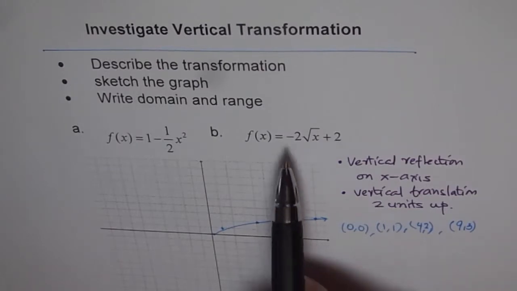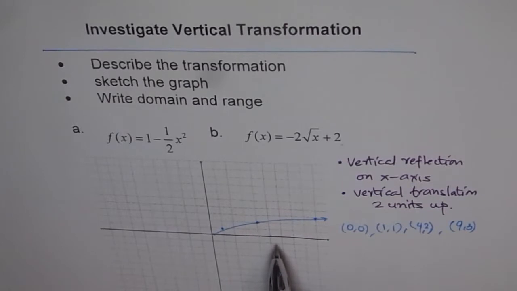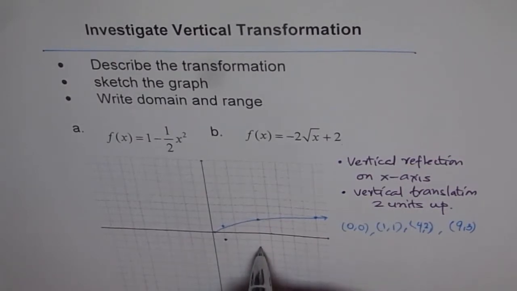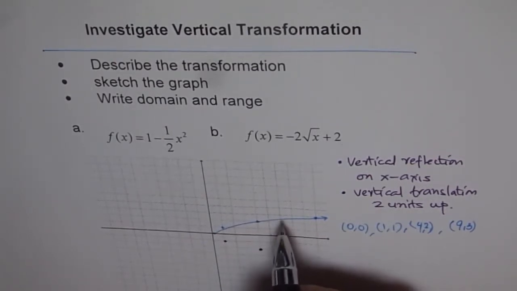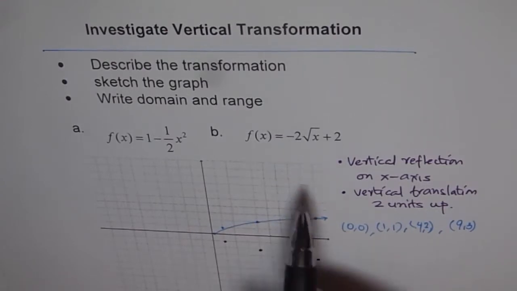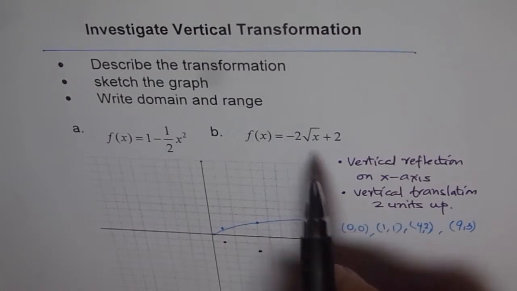Now, minus 2. Minus 2 means reflection on the x-axis. So think of this as a mirror. These points will get transformed and they will come from quadrant 1 to quadrant 4, right? So that is how you get minus 2. Okay, we didn't write about 2 itself.